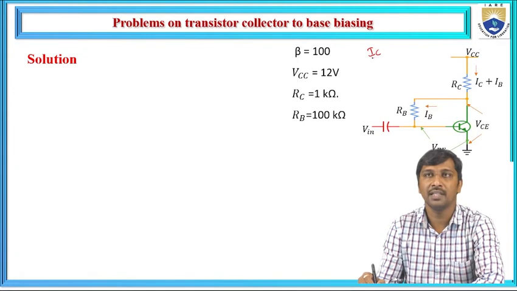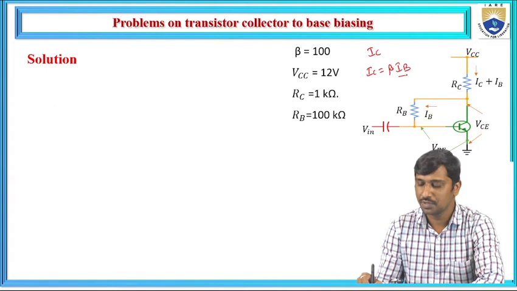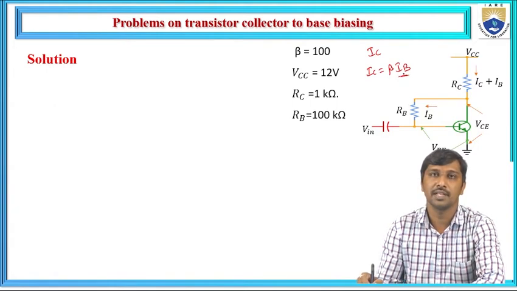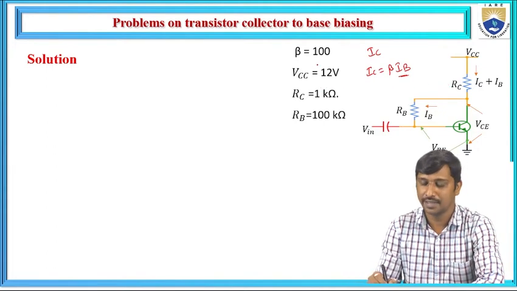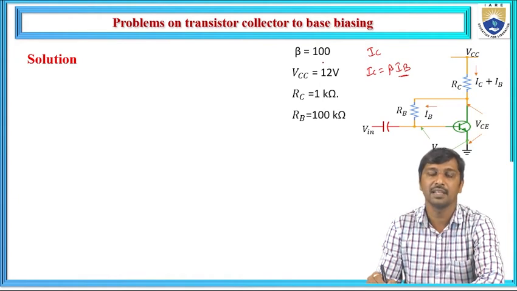To determine IC in the common emitter configuration, we know that IC is represented as beta times IB. Hence, first we need to calculate how much base current flows with respect to these biasing parameters. For this case, the given specification is the DC current gain from the problem statement.